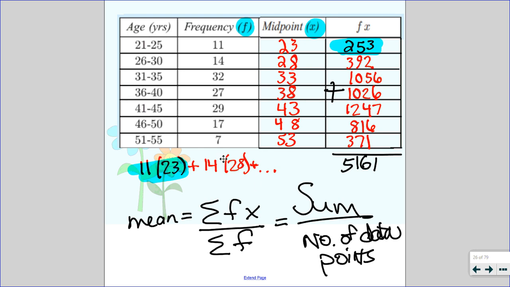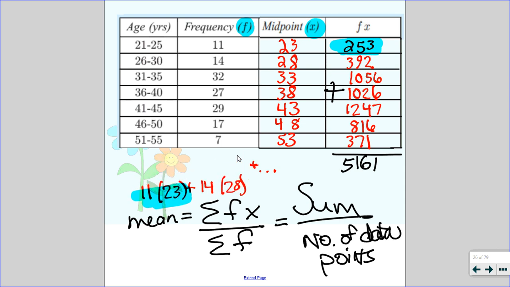And then we have to divide that by the total number of people we talked to. The total number of people is the sum of the frequencies, which is just adding up all the people that they gave the survey to. That's 137 people.